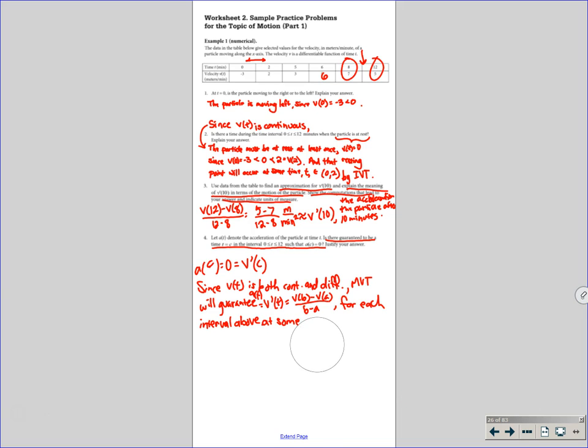We're doing t's, not x's, right? Some t within a to b. Got it. For each of the intervals above, grammar, at some t within a to b. Okay. Therefore, on, where are we going? 6 to 8?